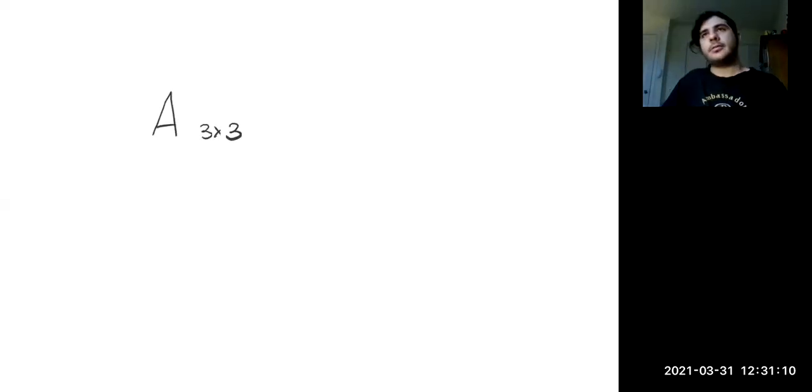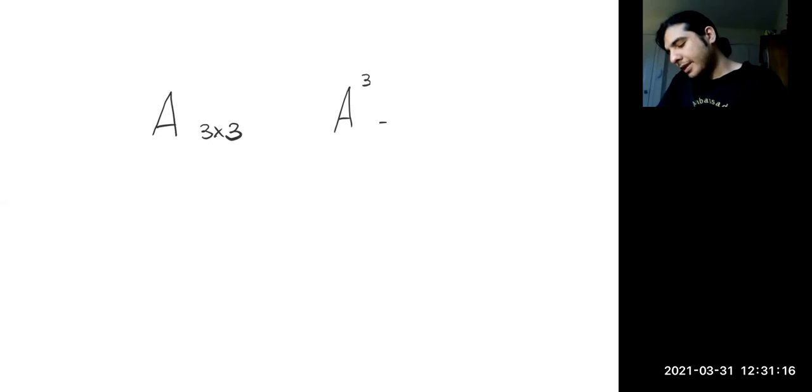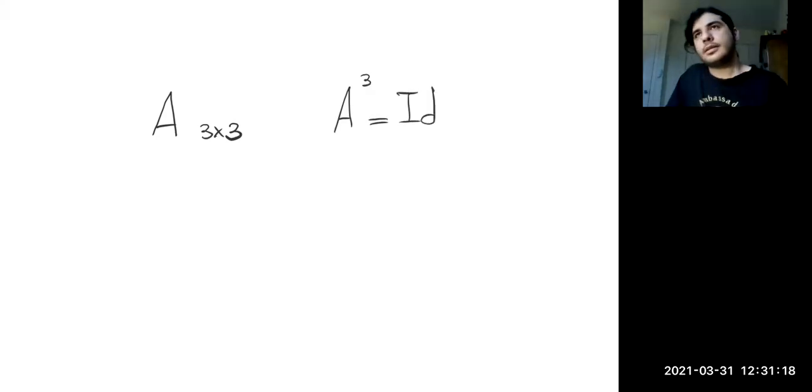I want to give you an example. Actually, I had decided on an interesting question using the minimal polynomial. Suppose we have a matrix A, a 3 by 3 real-valued matrix. Suppose I know A cubed is equal to identity. That's the only thing we know.